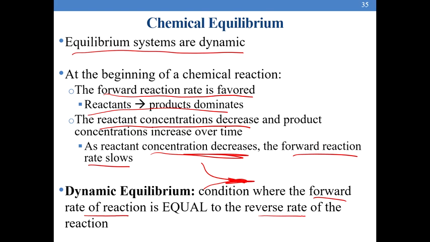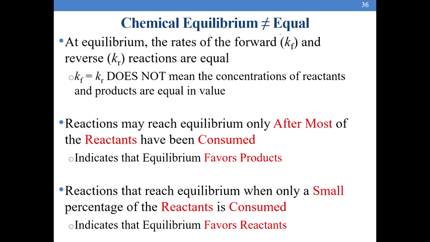Okay? There's a common misconception I want to be clear about. Chemical equilibrium, look at the title on the next slide, does not mean equal. So if the forward and reverse rates are equal, it doesn't mean that the concentrations of reactants and products are equal. If I have 0.1 moles of A and 0.1 moles of B, that does not mean 0.1 moles of C and 0.1 moles of D products.